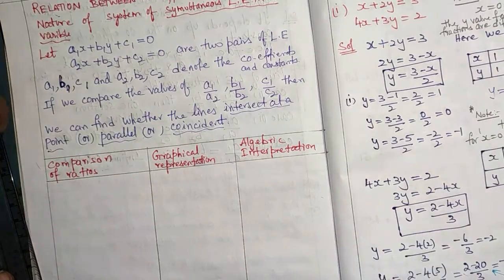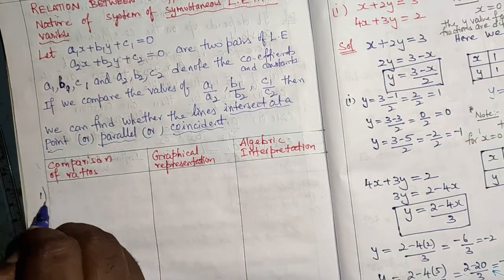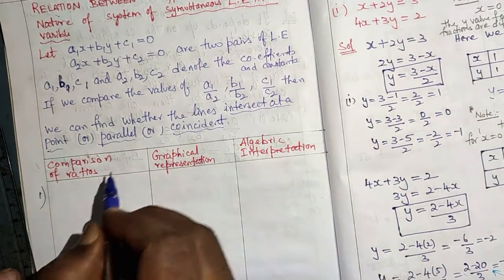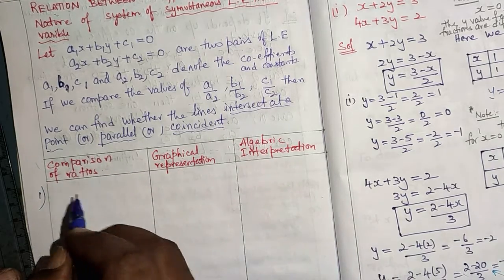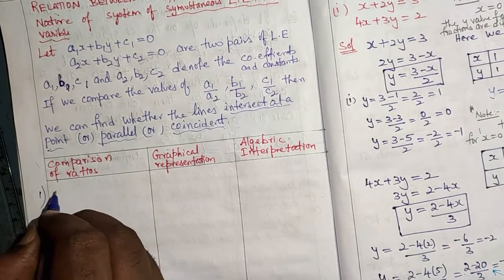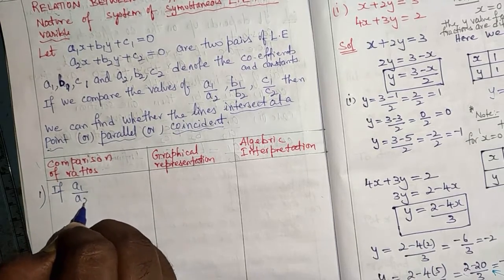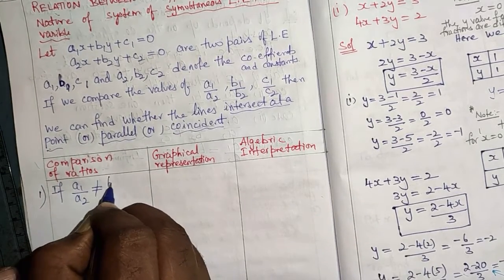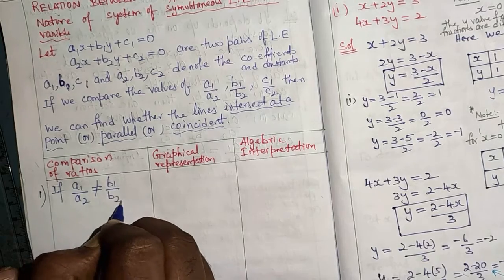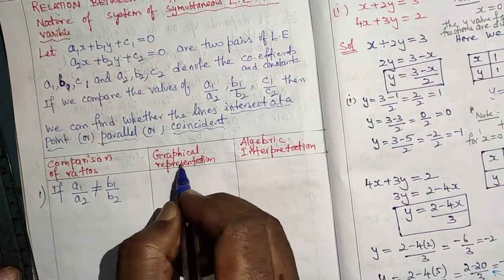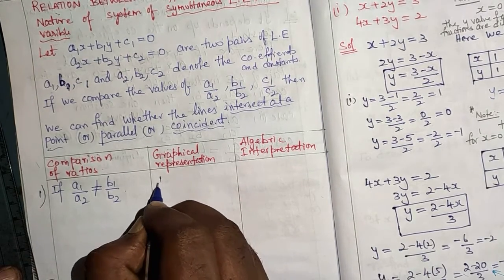Now, what is the first conclusion? What did we observe? We observed that when the lines were intersecting, the ratio, I will write it like this: if a1 by a2 is not equal to b1 by b2, then what was the graphical representation?